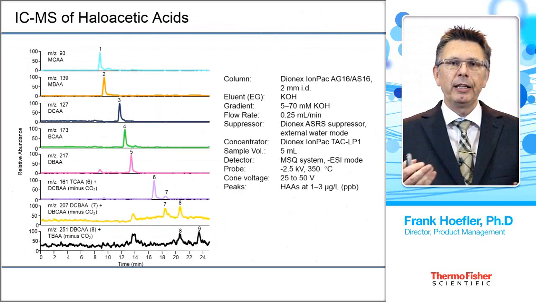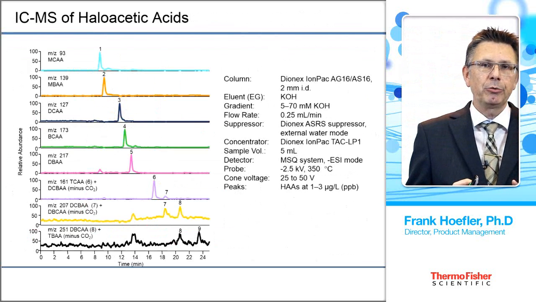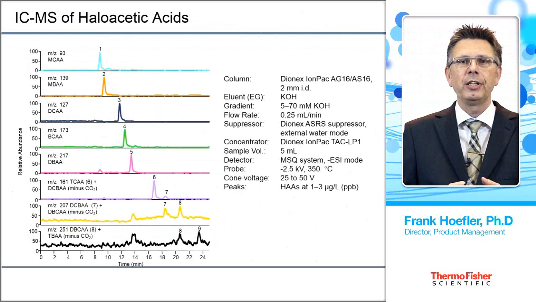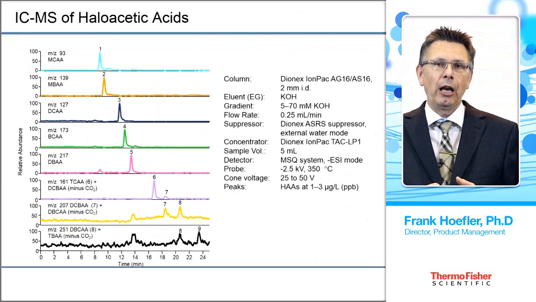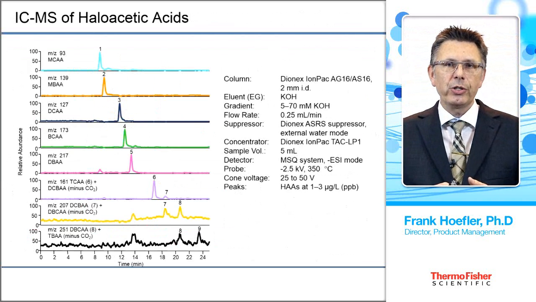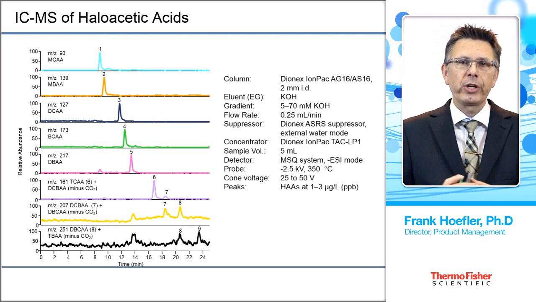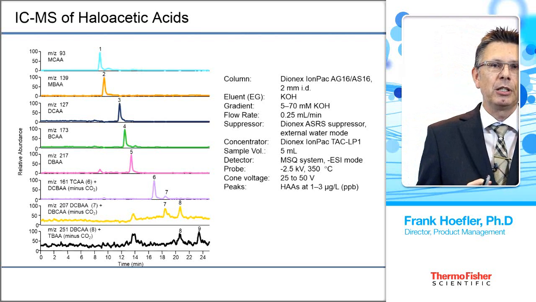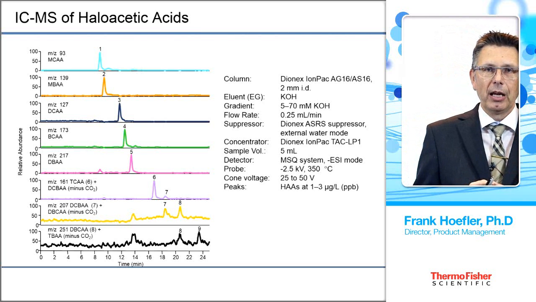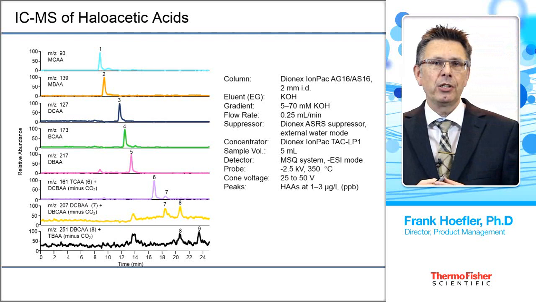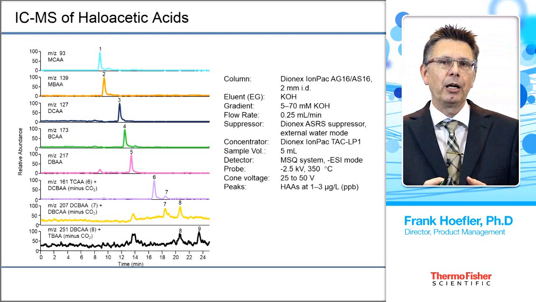Another example in the area of disinfection byproducts, which created a lot of interest over the last years, are haloacetic acids. Haloacetic acids can also be formed during the disinfection process, and those can be very carcinogenic and have to be determined at very low levels. The problem with haloacetic acids is that they are thermally labile.